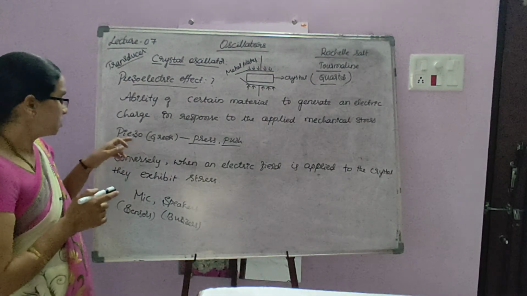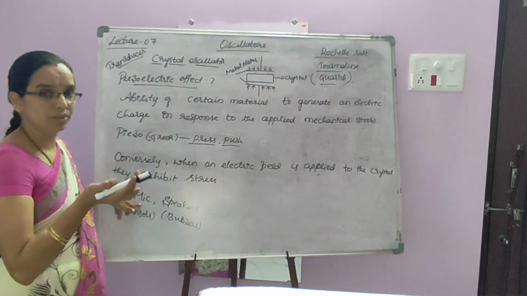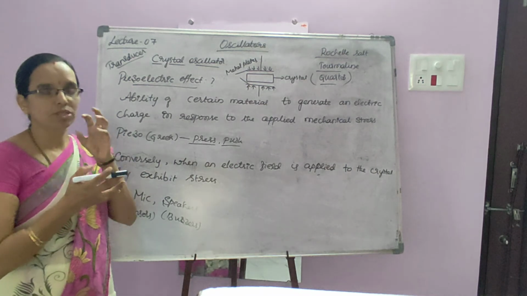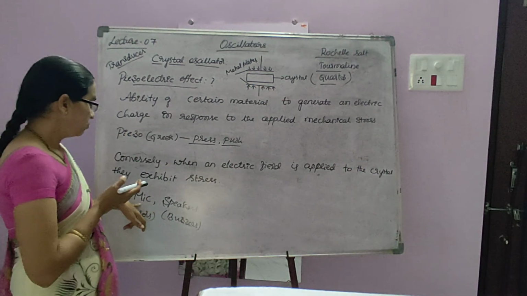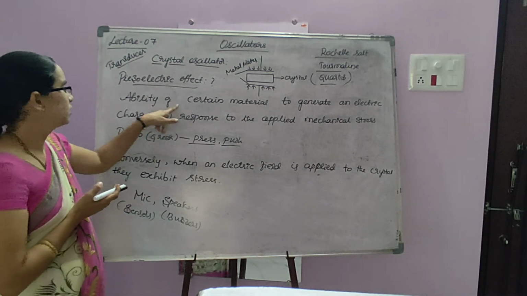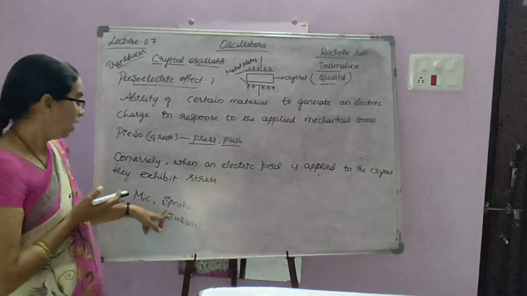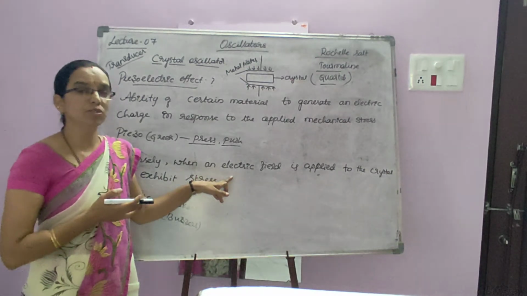A microphone is one which converts our pressure energy into electrical energy. That is a force, a pressure which pushes the mic, and it converts pressure energy into electrical energy. That is the ability of the material to generate an electric field. And a speaker is one which exhibits the inverse piezoelectric effect.